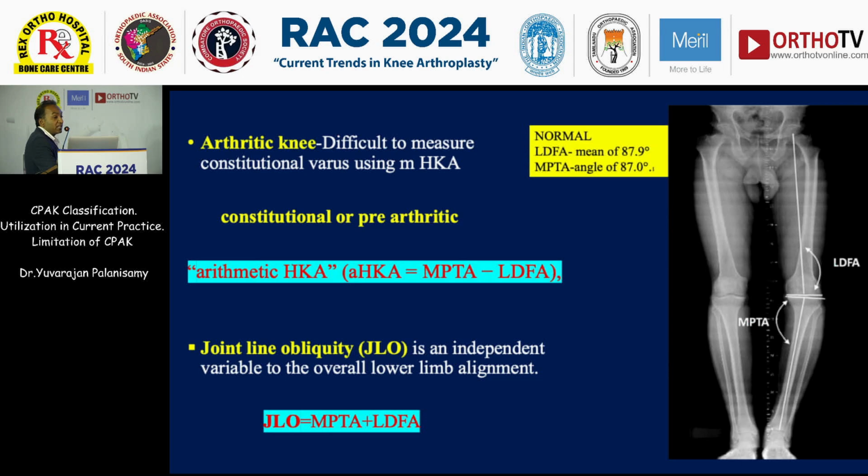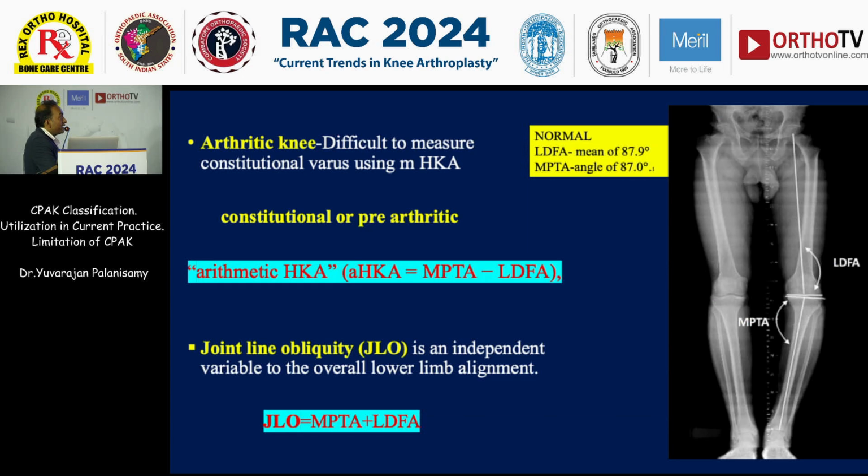Same thing, the second important parameter, which is an independent variable to the overall lower limb alignment, is the joint line obliquity. This is calculated from the same parameters, adding MPTA plus LDFA. This will give the joint line obliquity. We draw the mechanical axis of the femur and a tangential line parallel to the distal femoral joint line.